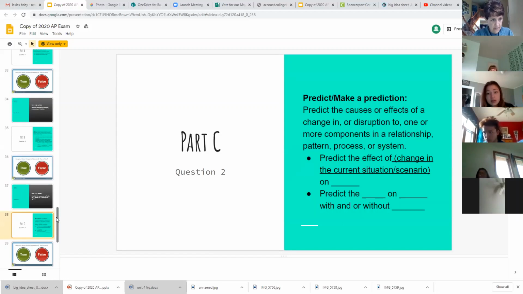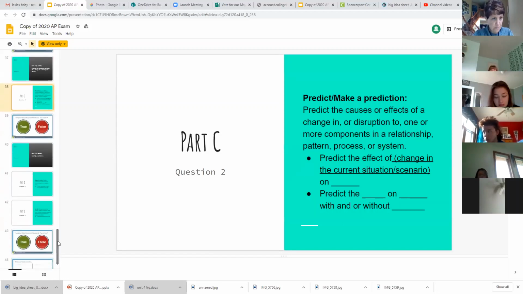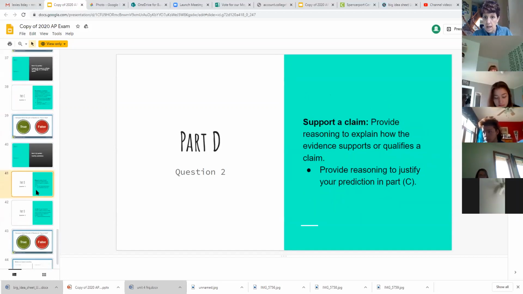An example of this slide right here. And then the last part of the second question, supporting a claim, is rationalizing what happened based on what you predicted.